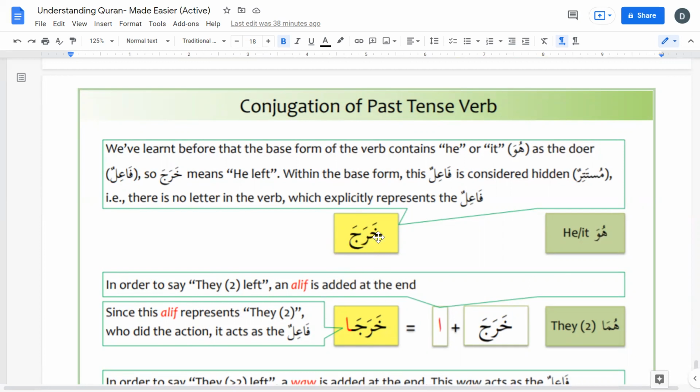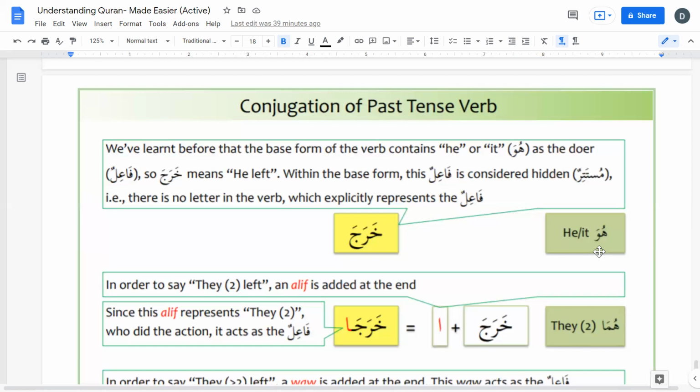If we repeat the independent pronouns, like we did the whole table: hua, huma, hum, hiya, huma, hunna, anta, antuma, antum, anti, antuma, antunna, then ana, nahnu.